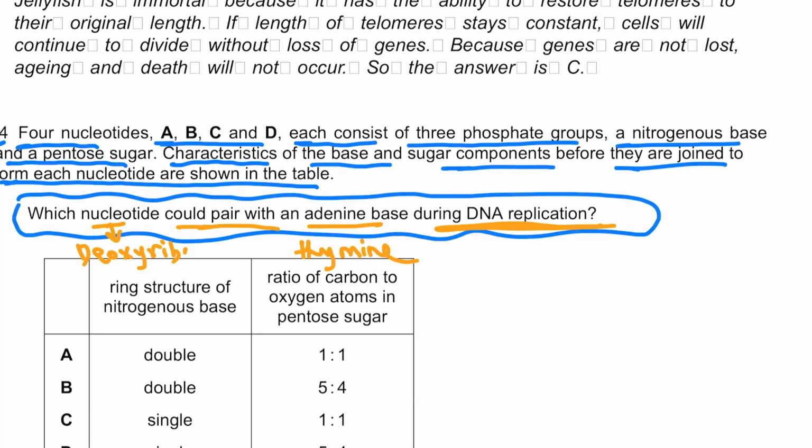So the nucleotide should contain deoxyribose sugar, and because the nucleotide has to pair with an adenine base, the nucleotide should contain thymine. So the ring structure of the nitrogenous base that the nucleotide should contain must be single ring. Why? Because thymine is a pyrimidine with a single ring structure. So the ring structure of the nitrogenous base which will pair with adenine should be single.